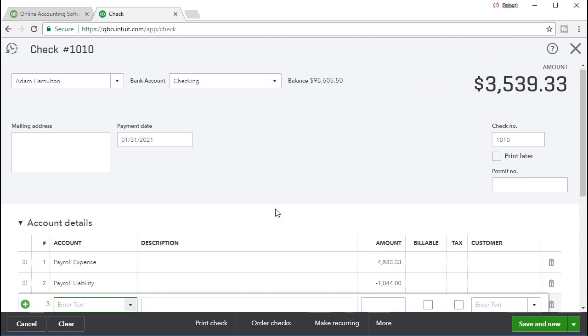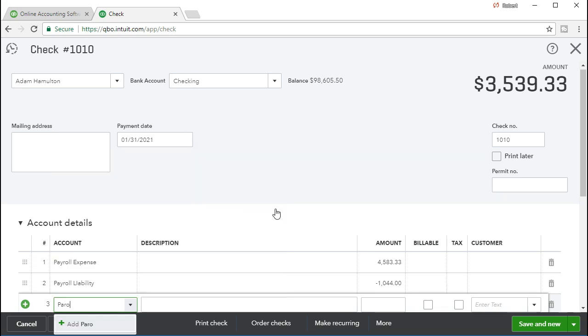Now we could try to enter the other side of it, the employer side, in this information as well, or go to the journal entry to enter it, which would be more typical to enter a journal entry. But let's go ahead and try to finish this whole thing out just right here so it's all on one type of transaction, and that's the employer side. There's no cash that we're really involved, but we can use this same screen to basically enter the journal entry, which would be the fact that the payroll expense is going to go up again.